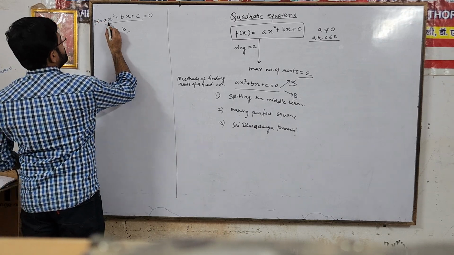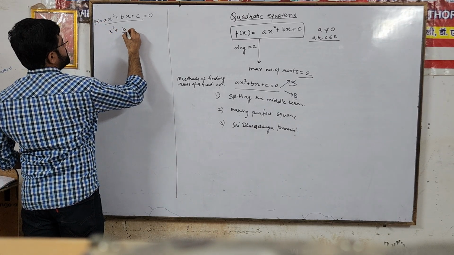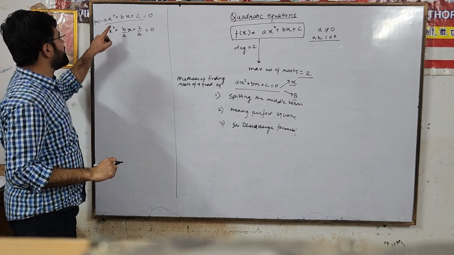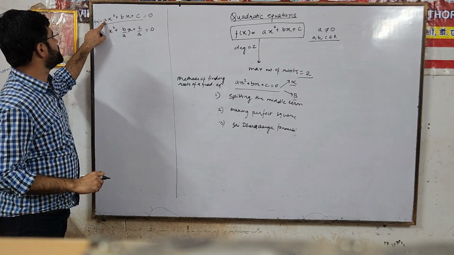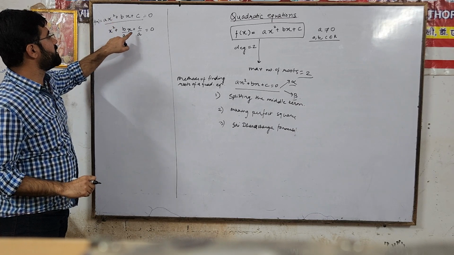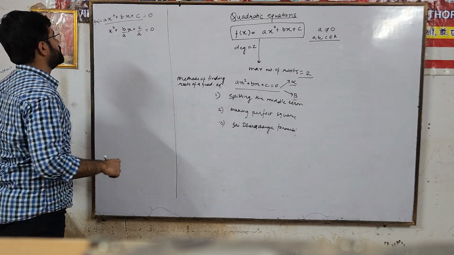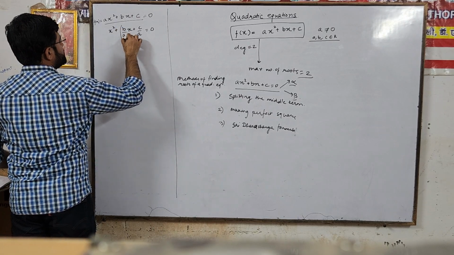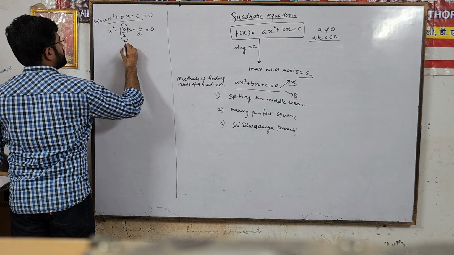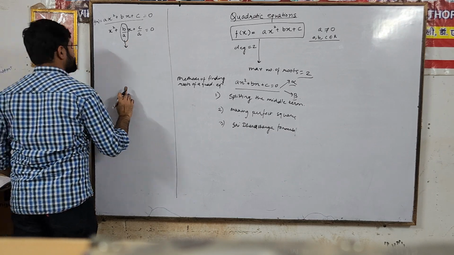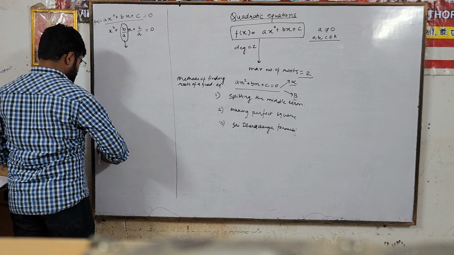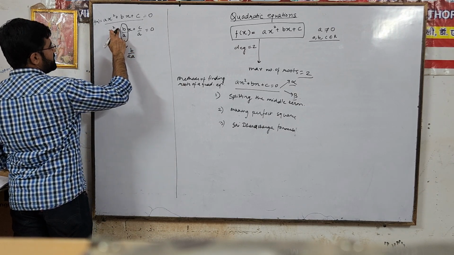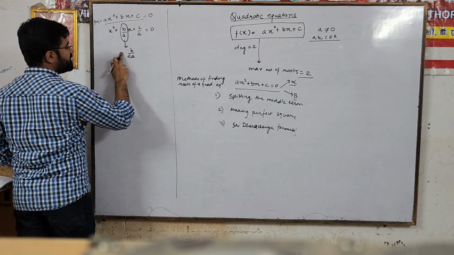So it becomes x square plus b by a x plus c by a is equal to 0. What I have done is divide both sides by a, so that this term becomes 1, this becomes b by a, and this becomes c by a. Now my second step: I take this b by a and divide it by 2, which gives b by 2a.